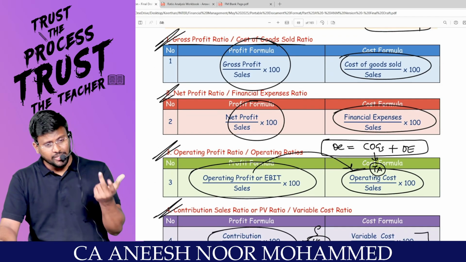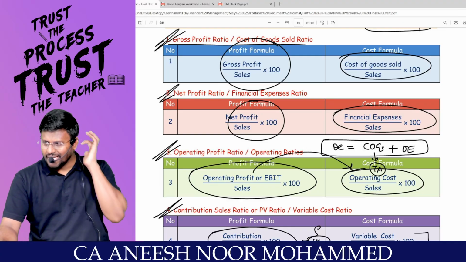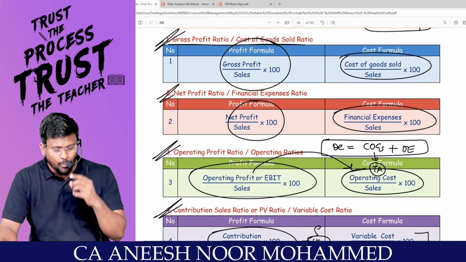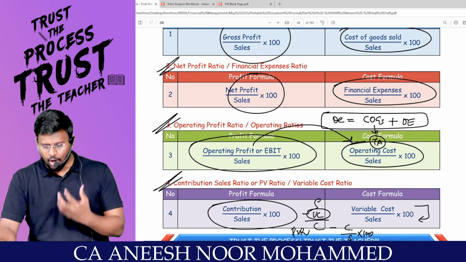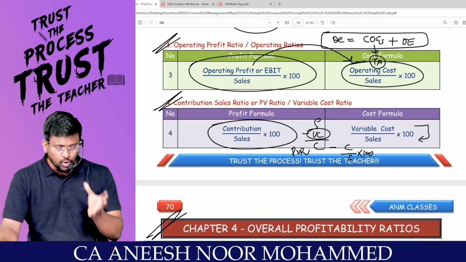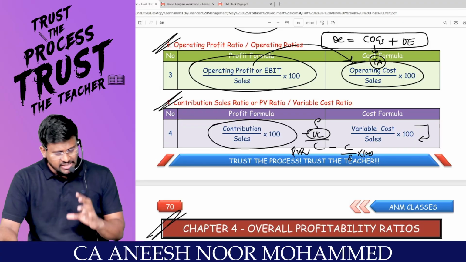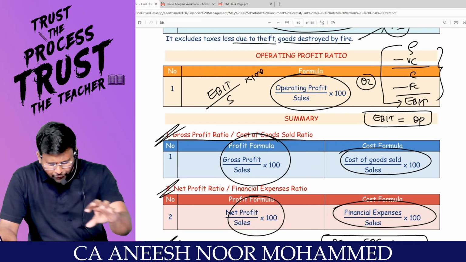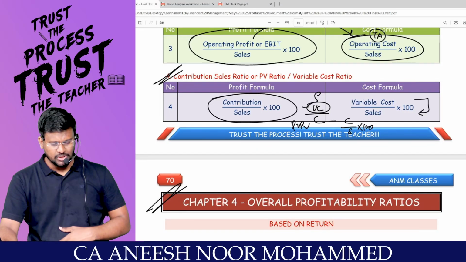Financial expense ratio, out of sales, how much percent is the financial expenses? Operating profit ratio, out of sales, how much is the operating profit? Operating cost ratio, out of sales, how much is the operating cost? Profit volume ratio, out of sales, how much is the contribution? Variable cost ratio, out of sales, how much is the variable cost? That means every profitability ratio is attached with sales.